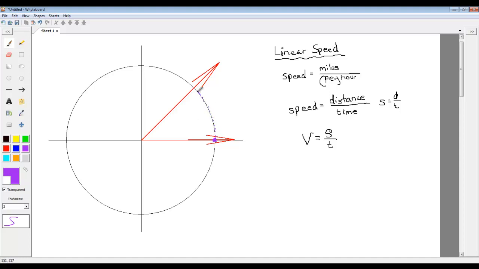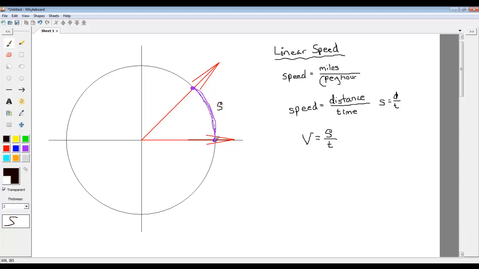So let's say it ends up here. As it's traveling along the circle, we are interested in two different speeds. First, the linear speed is the speed as it changes its position as it moves on the circle. So the distance that it's traveling is an arc length, s.